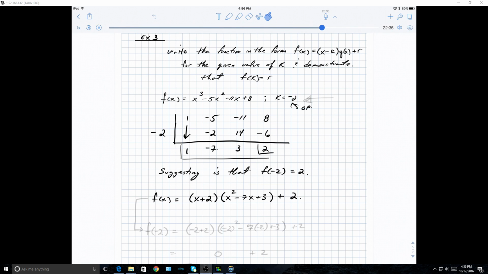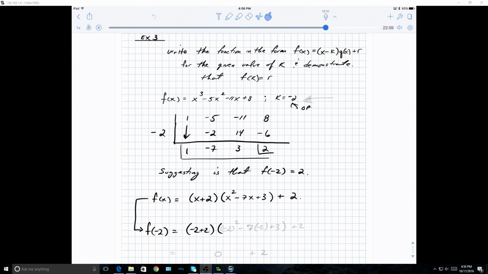So we've now just satisfied that first requirement, and now let's prove that it does in fact give us 2 when we do that. And the way to do it is I'm just going to use this function here that we just generated. So f of negative 2 is equal to negative 2 plus 2.